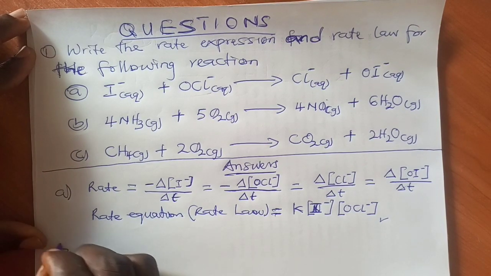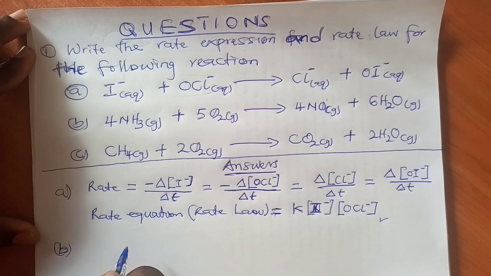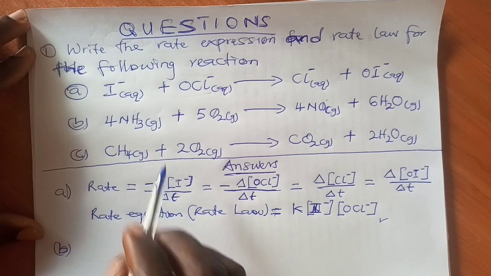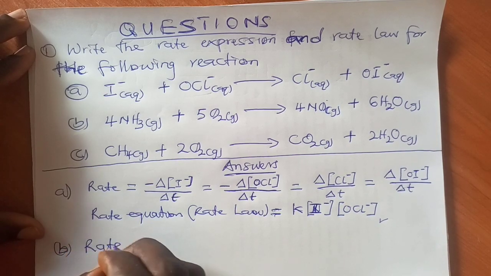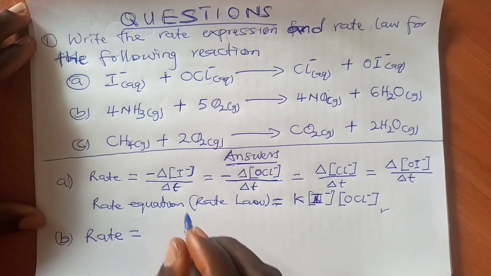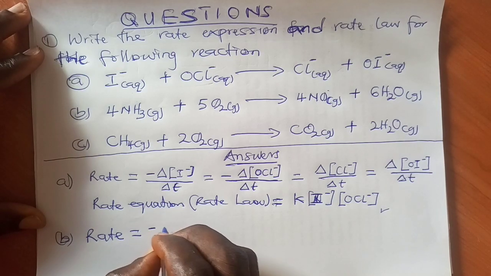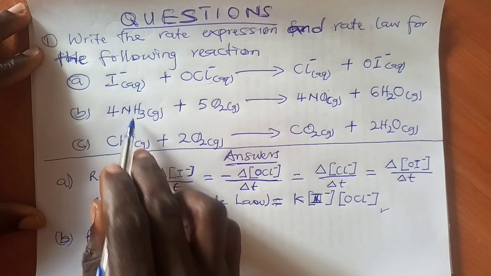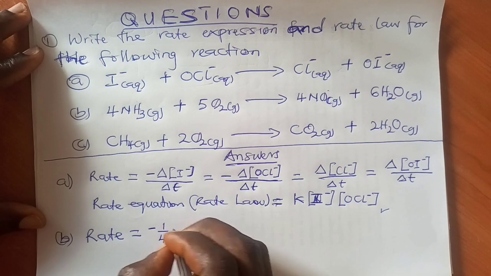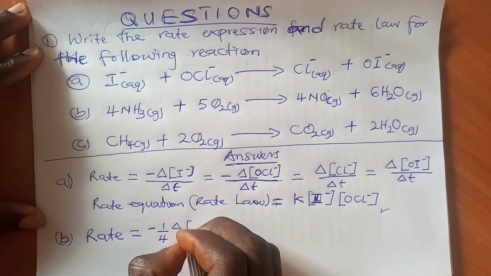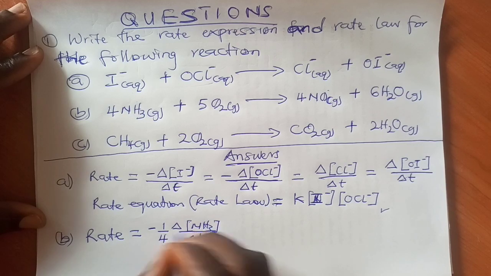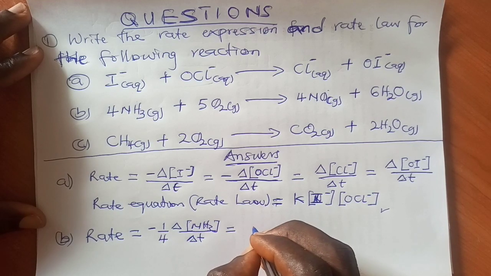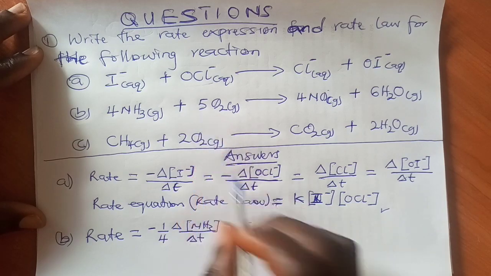Okay, then for B, I will do A and B, then you will do C. For B, you can see the coefficients 4, 5, 4, 6. Those are the coefficients. So our rate will be equal to the disappearance of what? This. Meanwhile, you have 1 over 4 the change in the concentration of ammonia with the change in time, is equal to the disappearance, you see, this 5 will come to the denominator.